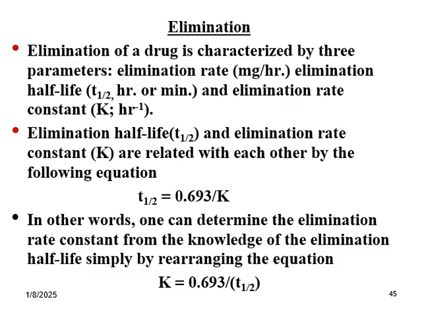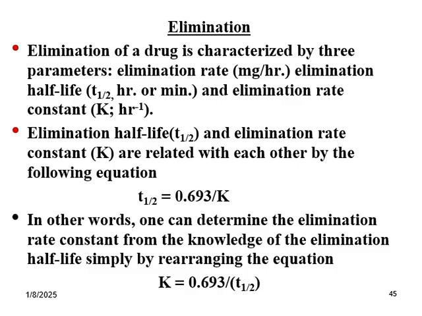For the half-life, of course, the unit is time, and for the elimination rate constant, the reciprocal of time. The elimination half-life and the elimination rate constant are related to each other by the following equation: half-life equals 0.693 divided by K. Actually, you will learn chemical kinetics, exactly the same as that one, but here applied to drug elimination.